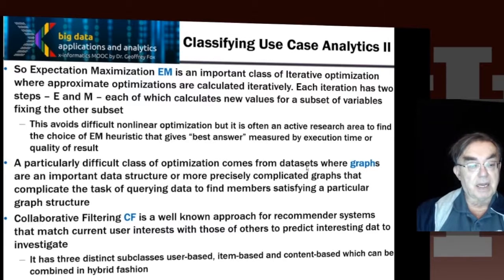It's remarkable how successful it is when used in Netflix and Amazon and places like that. It's an approach for matching interests of one user with other users and telling you what data you're meant to investigate. And as we'll see when we study it, there are three subclasses: user-based, item-based, and content-based, and then some hybrid combination of them.